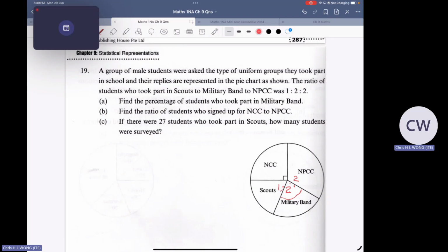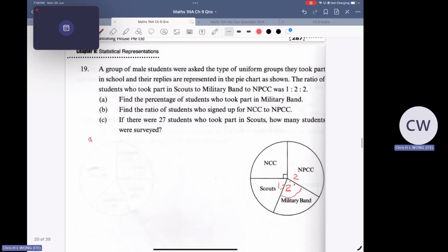So we'll write now what we know. When it comes to 90 degree, it is 25%. So the first thing we know is 1/4 is actually 25% of a circle.